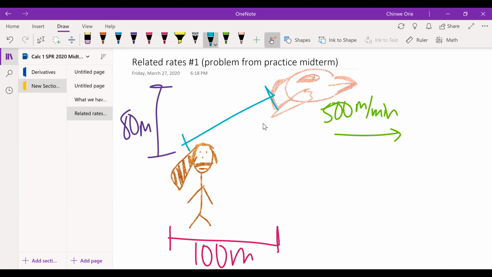So they're asking, I want to say, the distance between the bird and the hunter. They're asking what distance are we increasing?